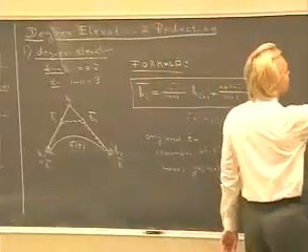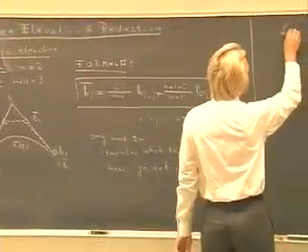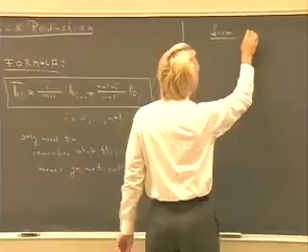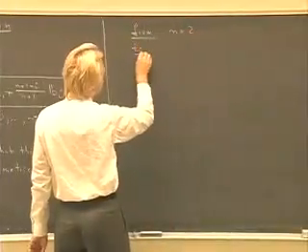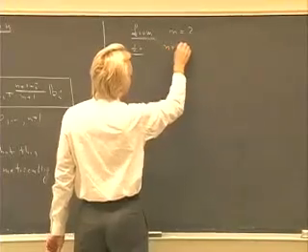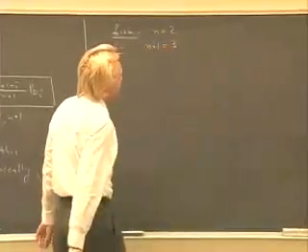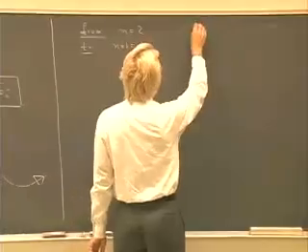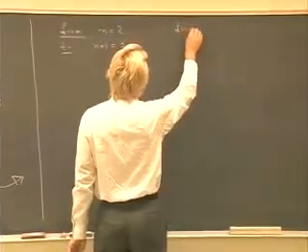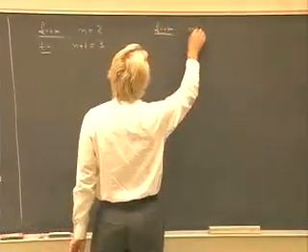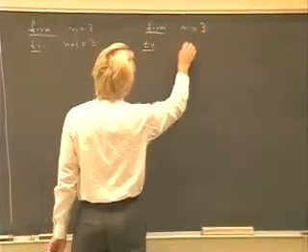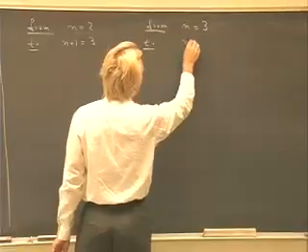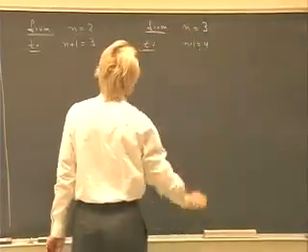So from n equals 2, we go to n plus 1 equals 3. And I will do one other example where we go from n equals 3 to n plus 1 equals 4.